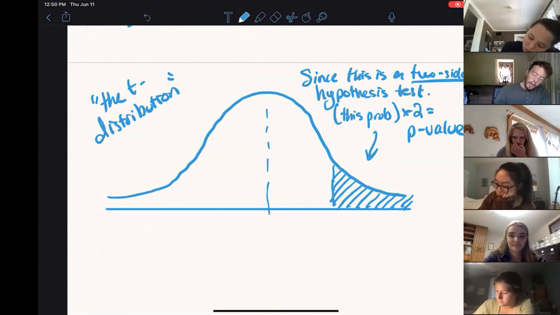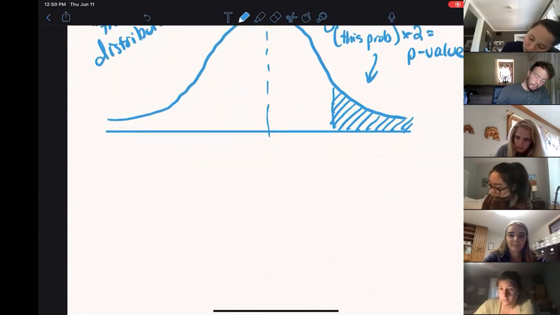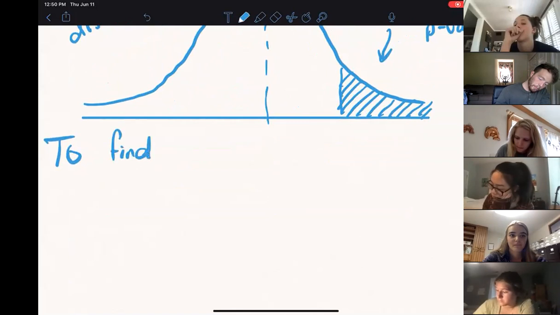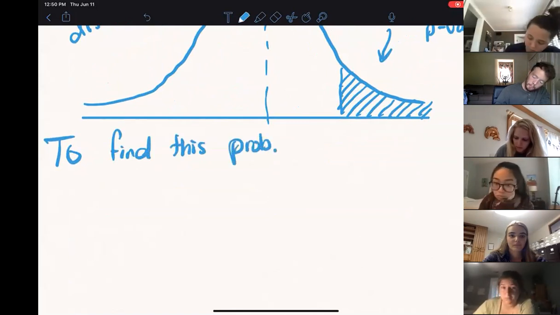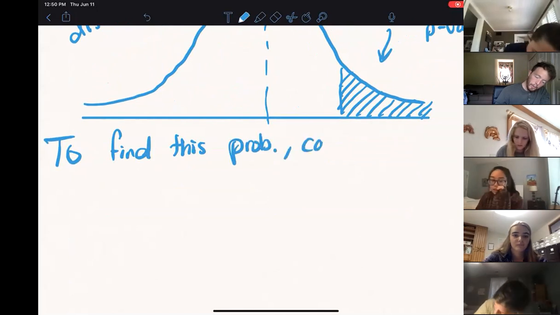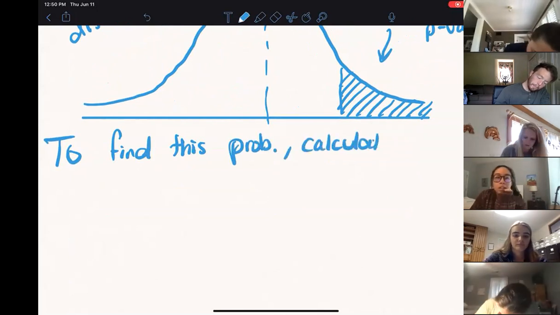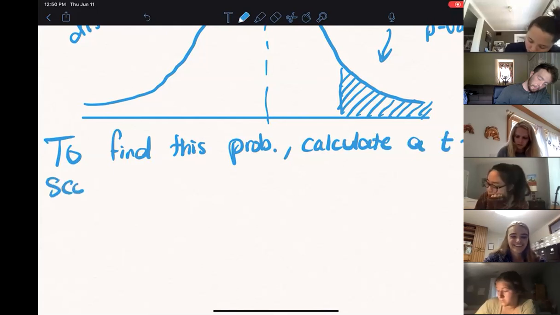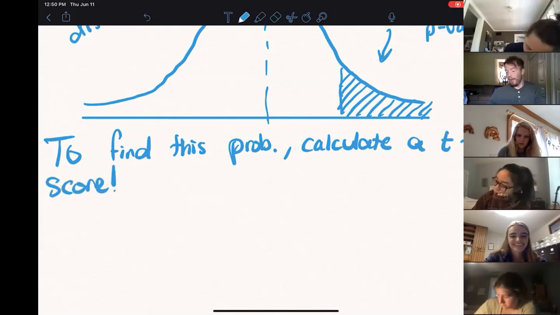Okay, and to find this probability, we calculate something called a t-score. And guess what?